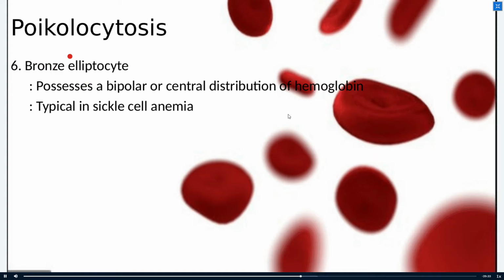Usually, class, this is your elliptocyte, then there would be a concentration of hemoglobin on both poles. And this is typically seen in sickle cell anemia.